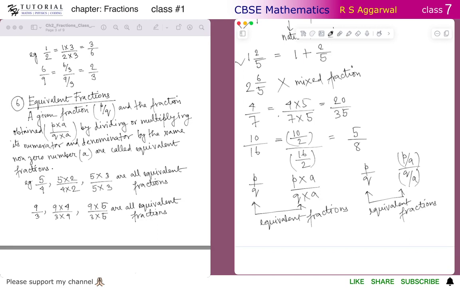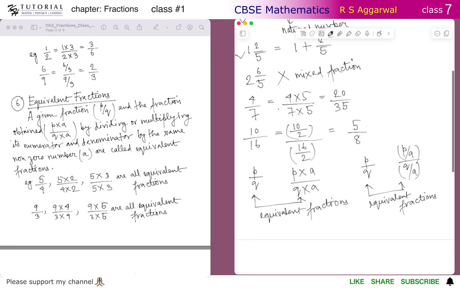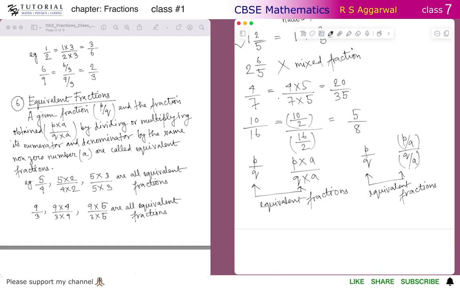Division by 0 is anyway not allowed in mathematics. But over here, a must be a non-zero number. This you must remember. So what is an equivalent fraction? When you have a given fraction p by q, and you multiply or divide both the numerator and the denominator with the same non-zero number, then you get a different fraction, and these two fractions are called equivalent fractions.